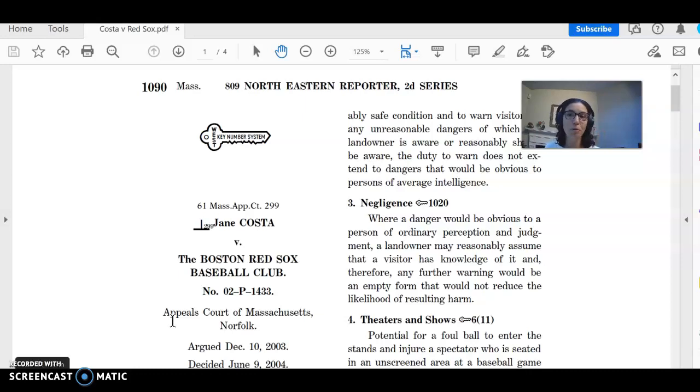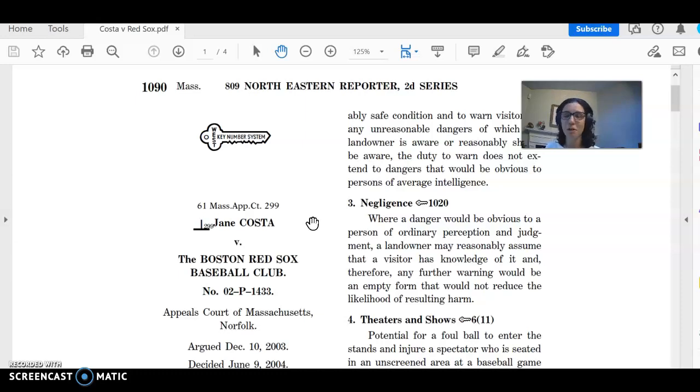The second reporter where this case is published is referenced here in this citation with the words Mass App Court in the middle. This is an abbreviation for the Massachusetts Appellate Court Reporter, the Massachusetts Appeals Court Reporter. That's what it's called. It's kind of an easy one to remember. The only cases it publishes are cases from the Massachusetts Appellate Court. That does make it a little bit easier.